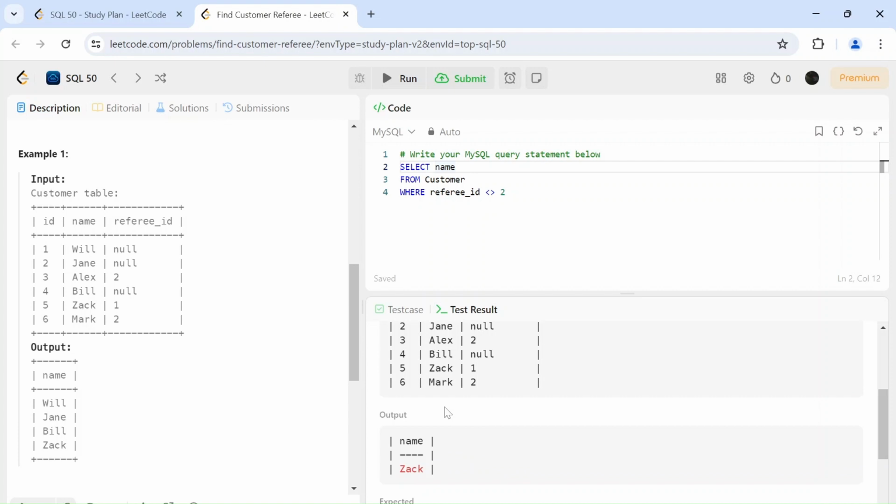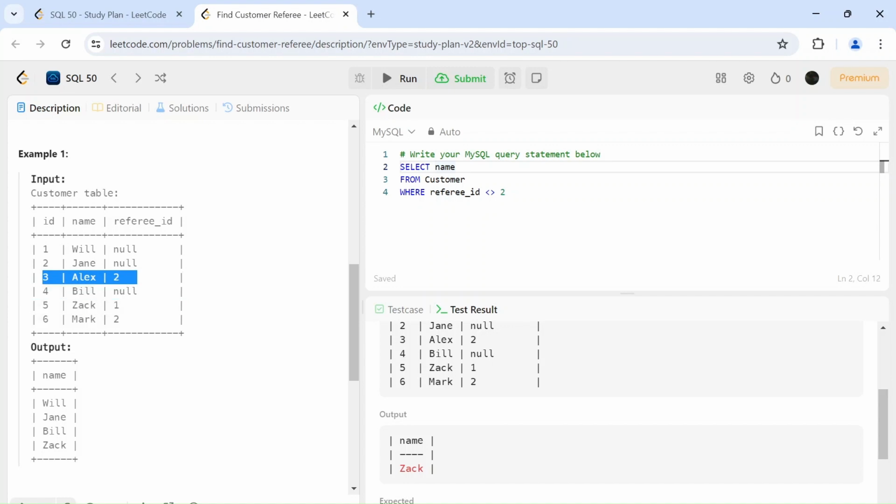Why did this happen? When I give referee ID is not equal to 2 to my SQL, it will only compare the rows where this particular referee ID column values are present, and it will ignore all the null values. So we have only 3 rows, Alex, Jack, and Mark, where there is value.